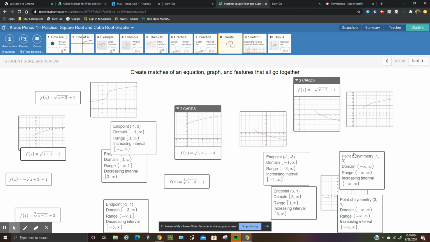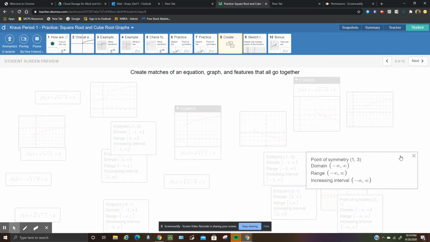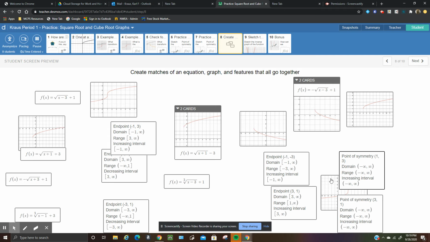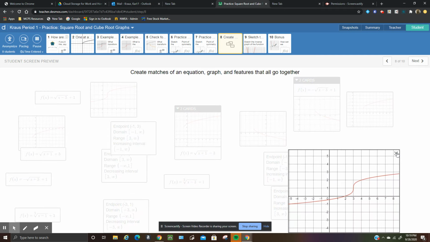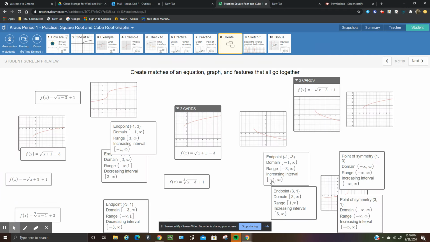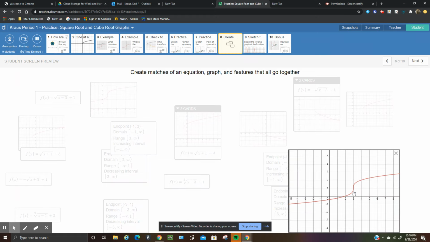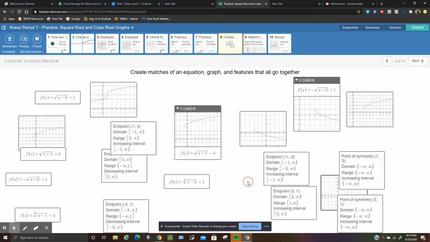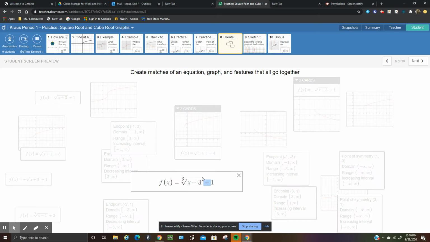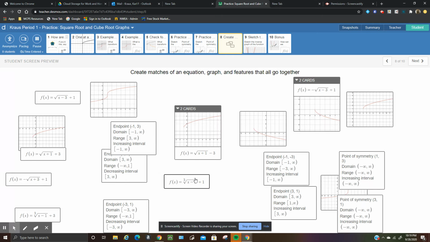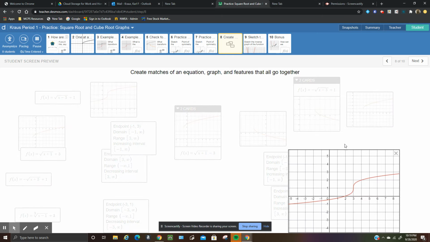Let's move these out of the way here. See if I can move them. Let's see, this one is a cube root. 3, 1. That's this one. See if I can drag it over there, on there. There we go.